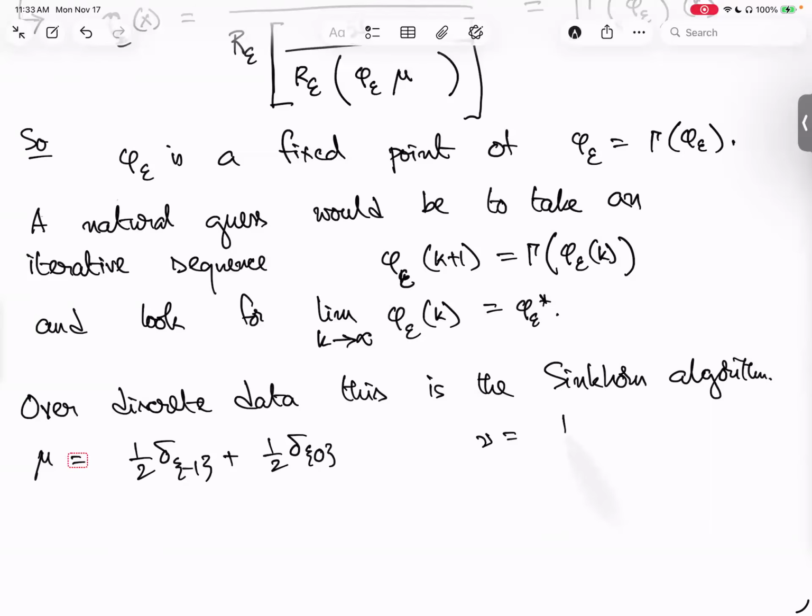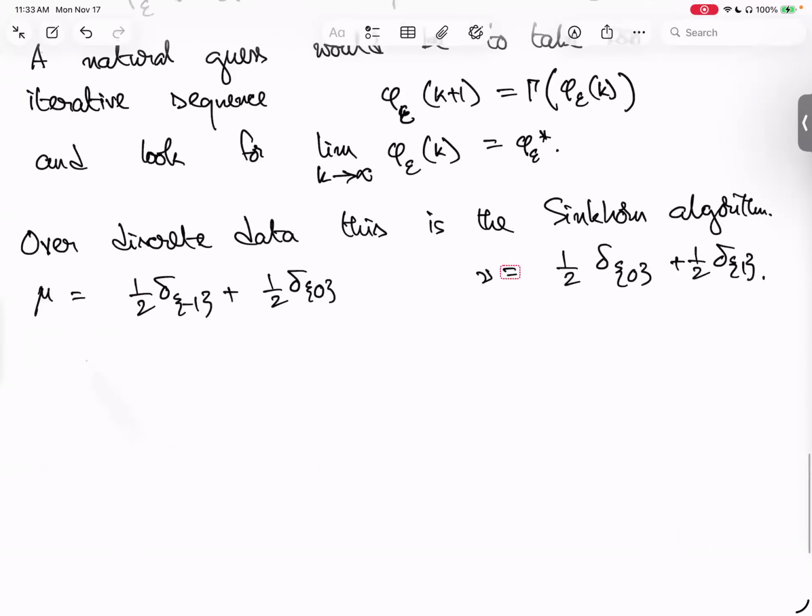And your nu is 1/2 delta mass at, let's say, 0 and 1/2 delta mass at +1. Now, you start with the following matrix, which is of the form e to the power -1/2 epsilon norm of x minus y squared. This is not a probability matrix. Just start with this.